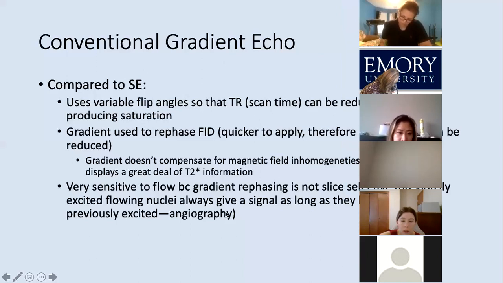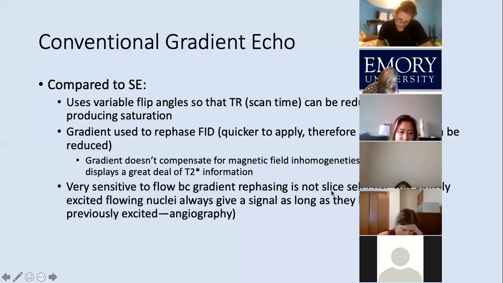Since these sequences are very fast, we're imaging very rapidly, they're very sensitive to flow, because we know our blood flow is going very fast. Since it's very sensitive, we're going to get signal within those blood vessels. And the reason for that is our gradients are not slice selective like our 180 degree refocusing pulse.